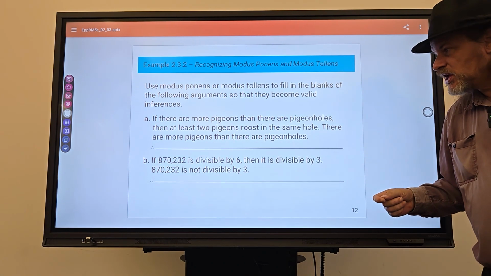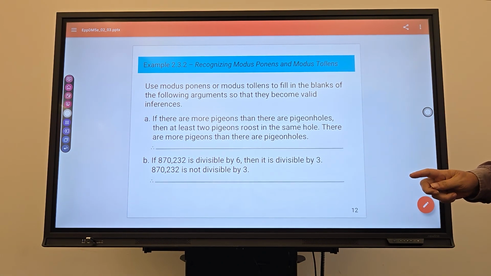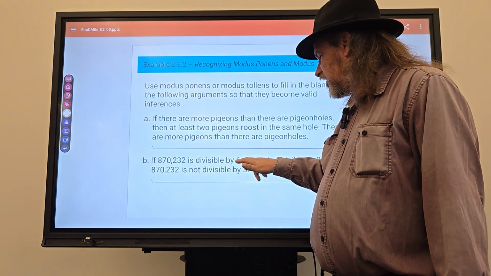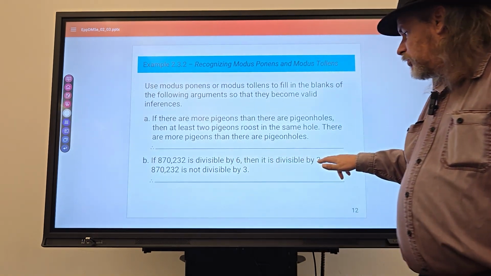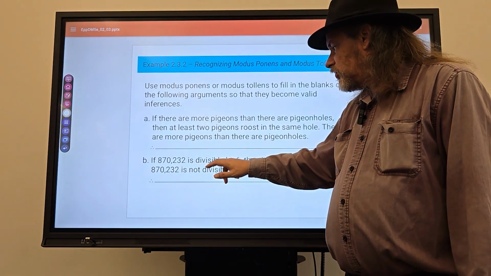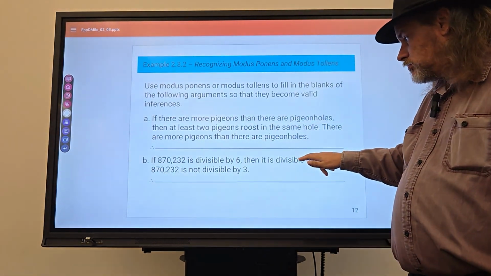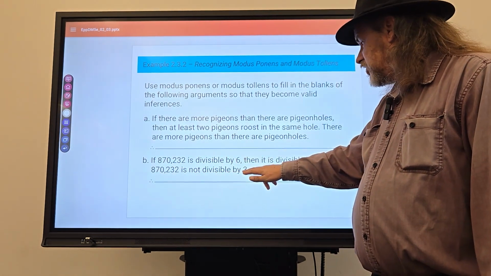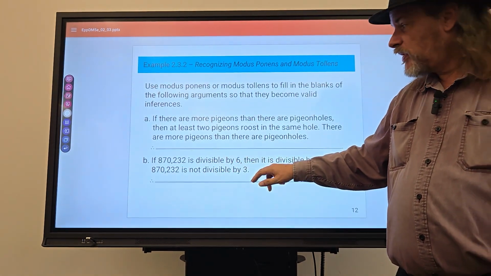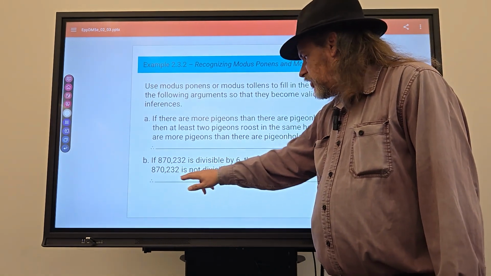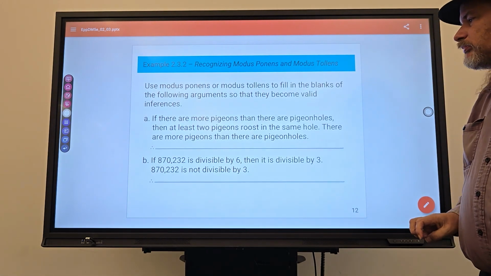Pretty simple logic. Now, modus tollens is kind of the opposite. If this number is divisible by 6, then it is divisible by 3. If P, then Q. This number is not divisible by 3, not Q, therefore not P. So this number is not divisible by 6.